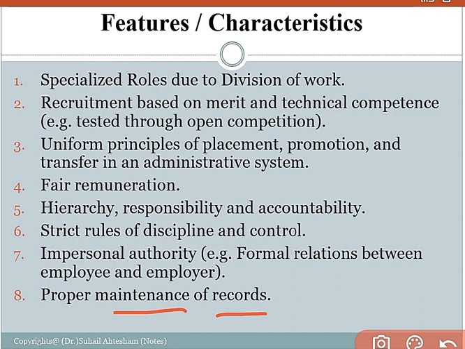It can be helpful to the manager for further future decisions. So there must be proper record keeping in each and every department. These are the various features and characteristics of the bureaucracy theory.